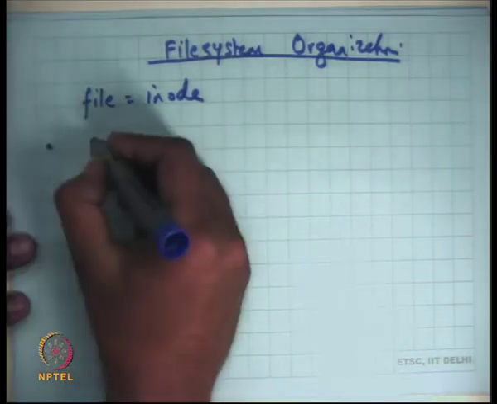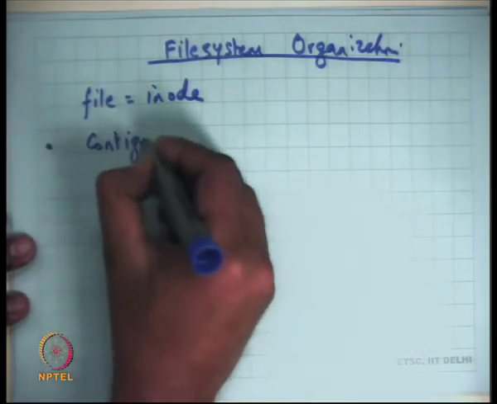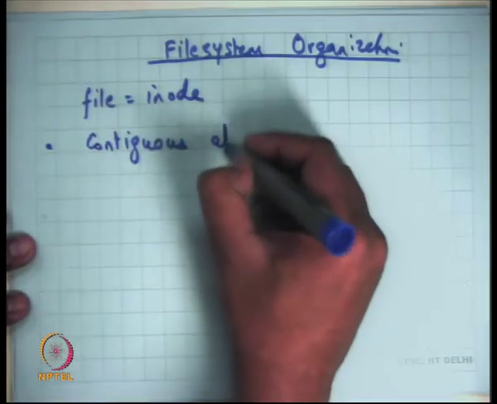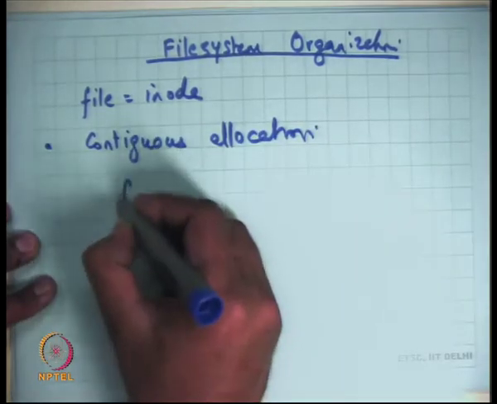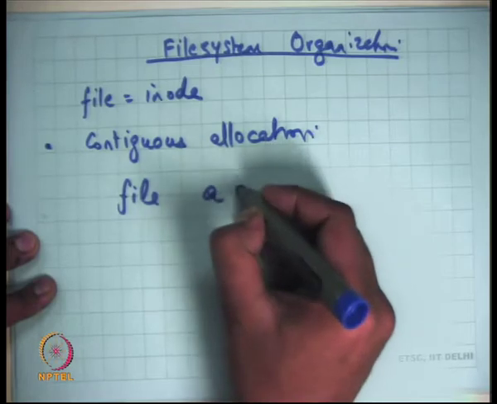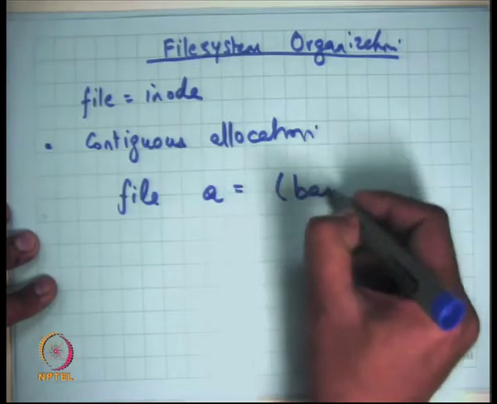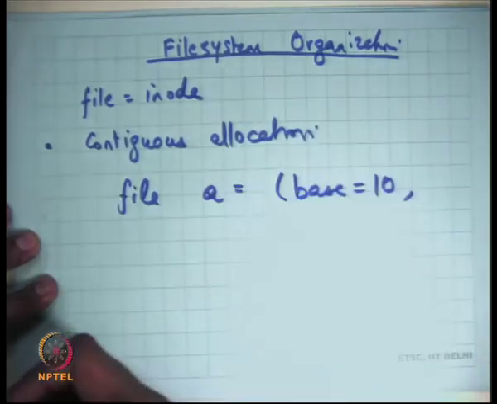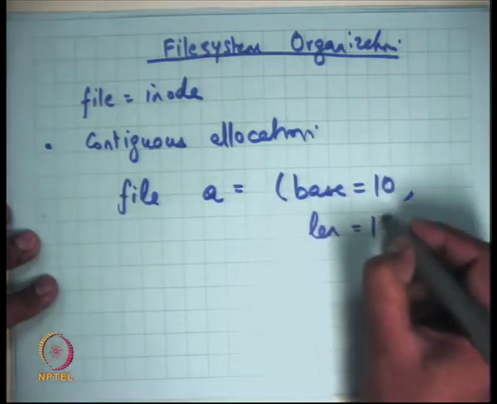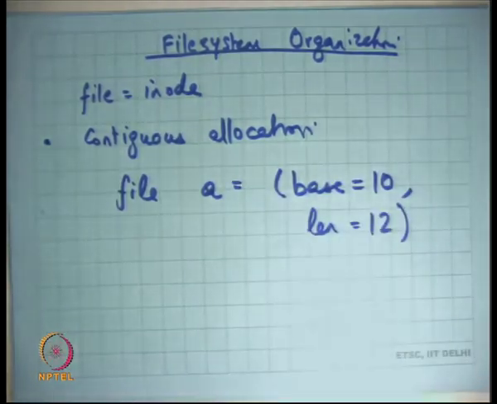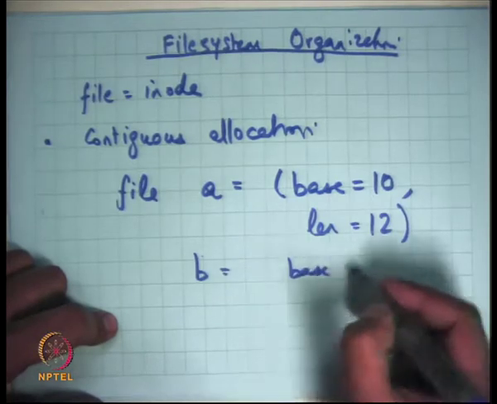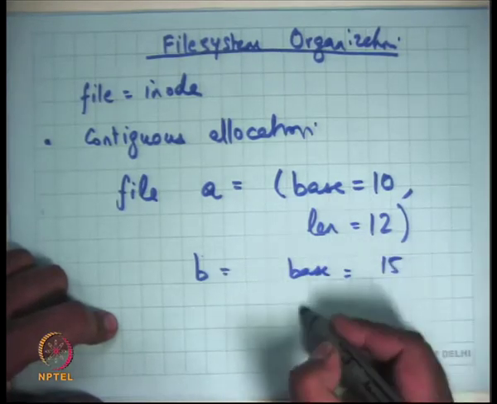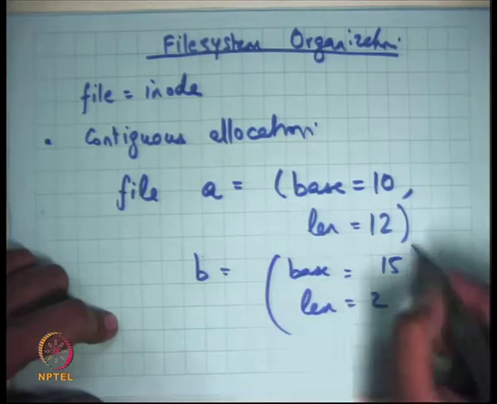So one option is what's called contiguous allocation, right? So where file A is equal to some base, let's say base block is 10 and length, so here's a file which starts at base 10 and has 10 blocks, right? And similarly B has base equal to, let's say 15, and length equal to 2 or whatever, right?